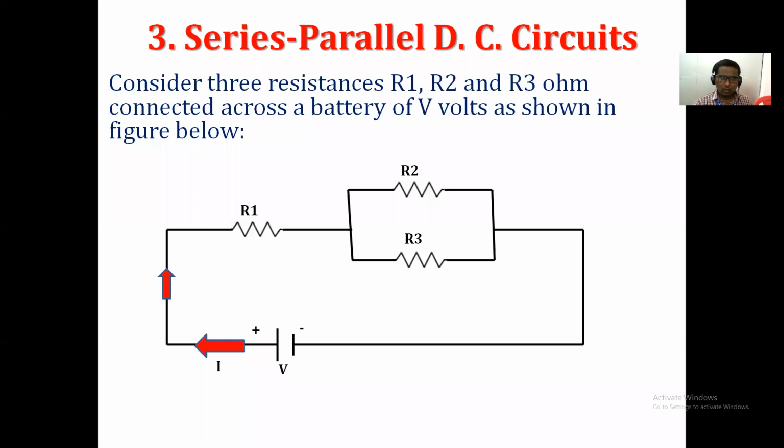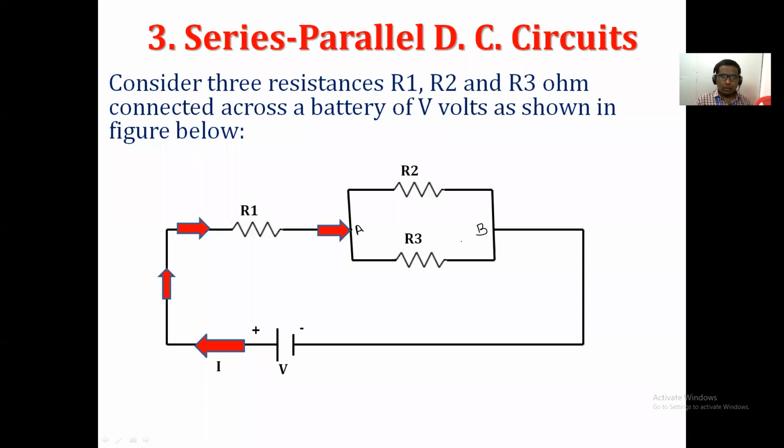Now, can I say that current I flows through resistor R1? But when the current I comes to the first common point, let me assume that this is common point A and this is common point B.